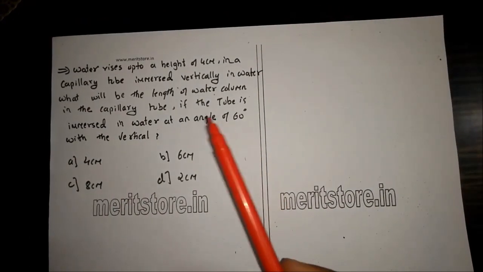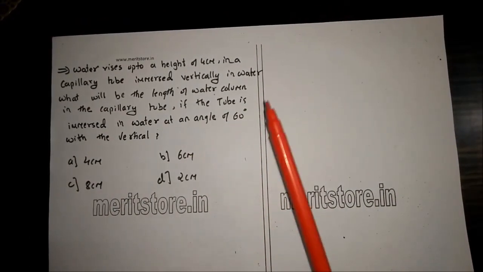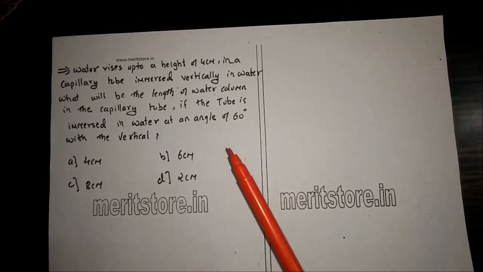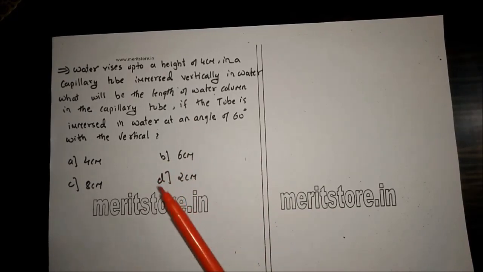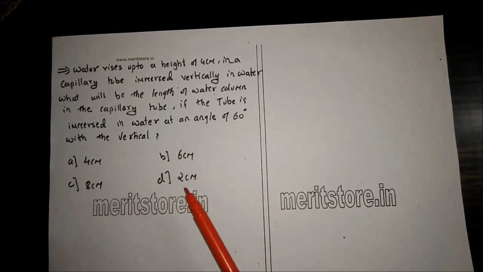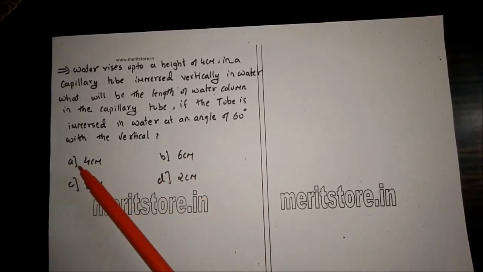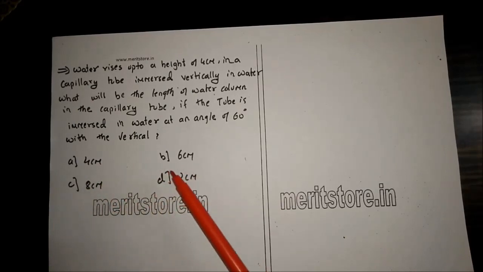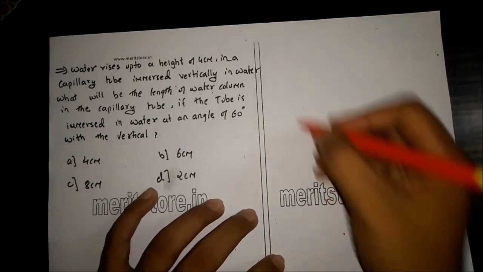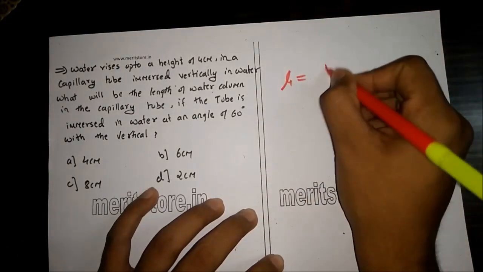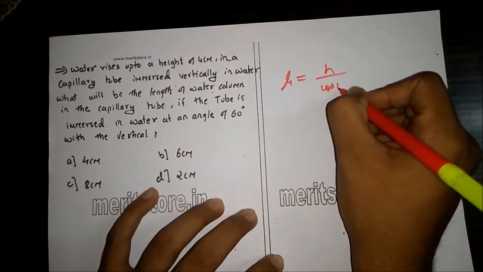Water rises up to a height of 4 centimeters in a capillary tube immersed vertically in water. What will be the length of water column in the capillary tube if the tube is immersed in water at an angle of 60 degrees with the vertical? Is it either A 4 centimeters, B 6 centimeters, C 8 centimeters, or D 2 centimeters? Now, the length will be given by the formula h upon cos theta.